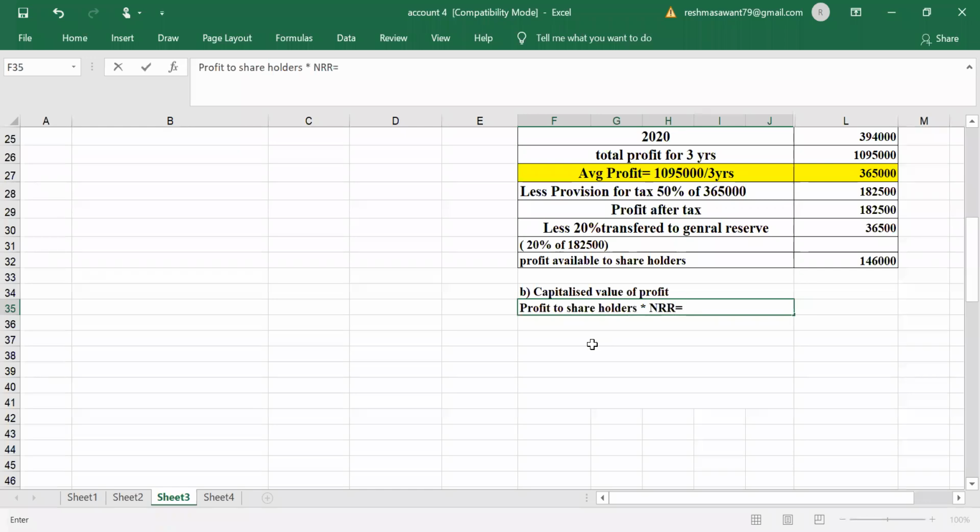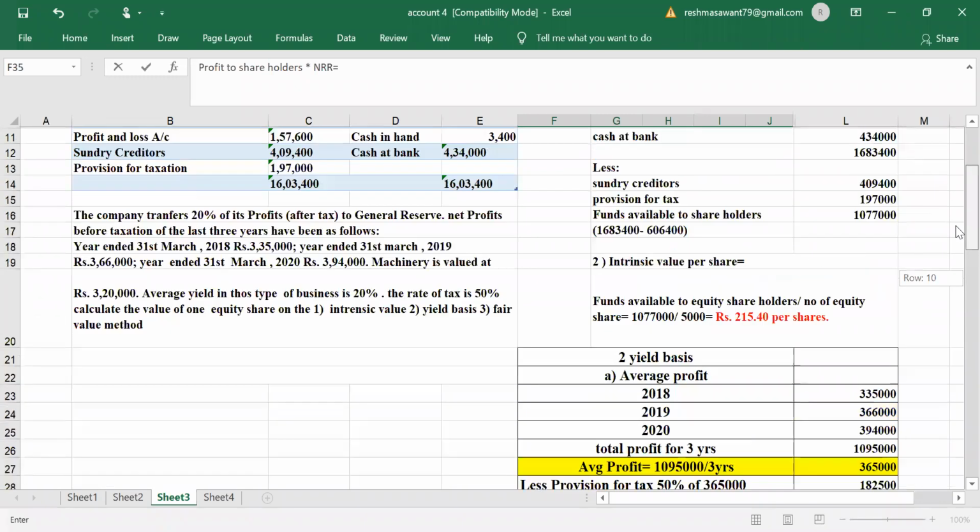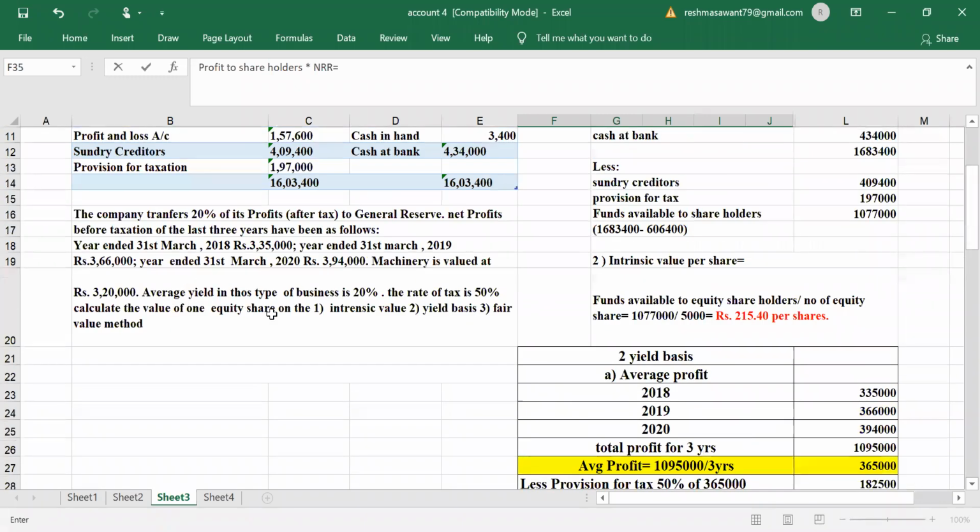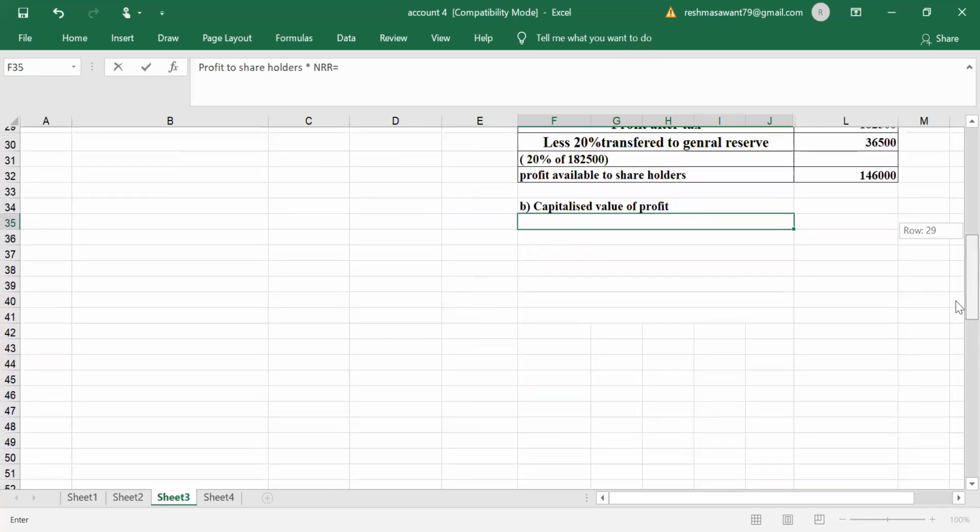So what is NRR? It is mentioned in your question. Check this: average yield in those type of business is 20%. So this 20% is your NRR percentage.